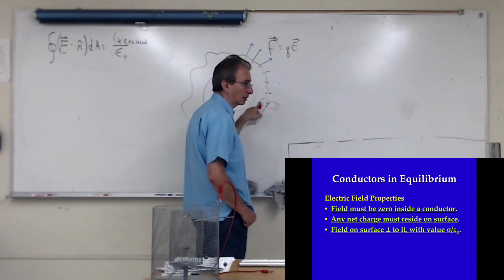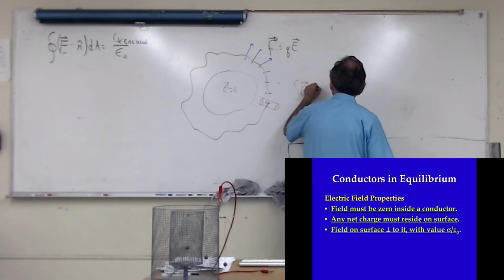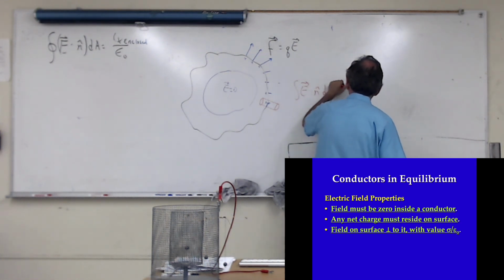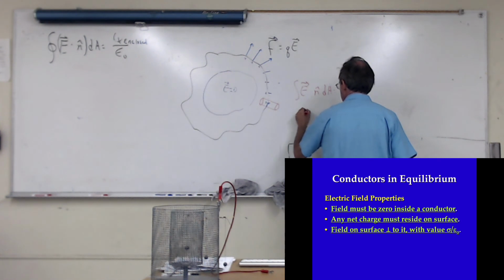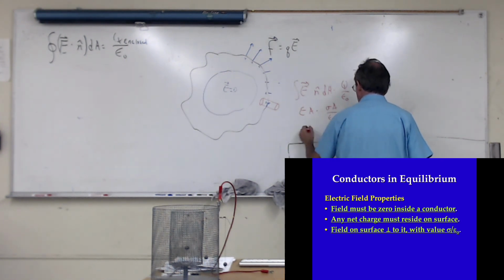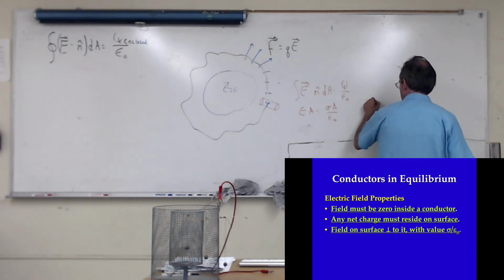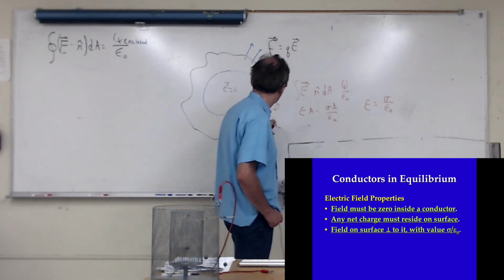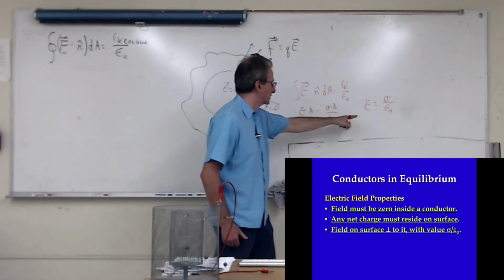There's no field here. And so you have the integral of E dot n dA. I only have something coming through this surface. So the electric field ends up being sigma over epsilon naught. Locally, right? This sigma doesn't have to be the same all the way around, but it's going to have this value.